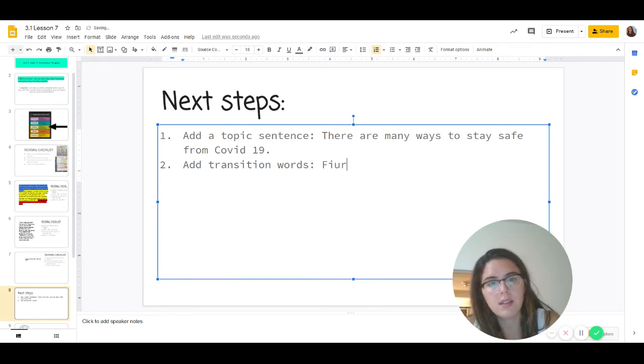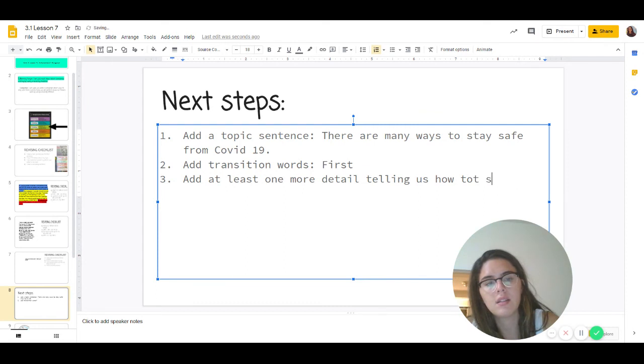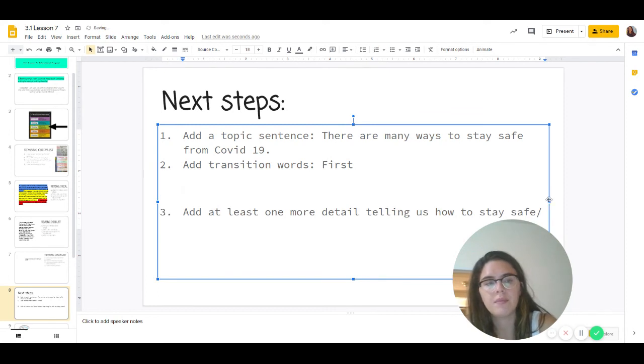I would say add at least one more detail telling us how to stay safe. And finally, they need a concluding sentence.